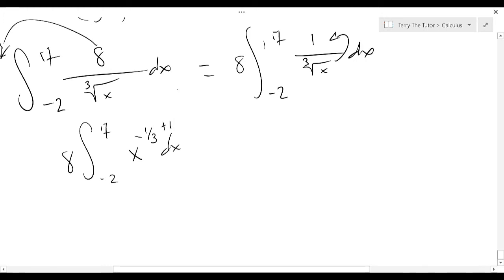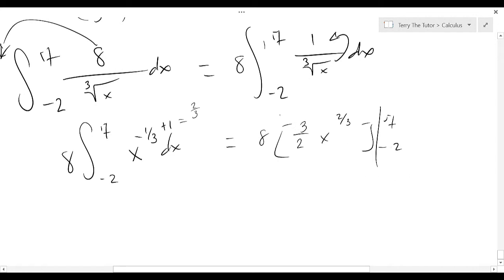Plus 1, well, that'll give me 2 over 3. And then I have to divide by 2 over 3. Well, that's the same as multiplying by 3 over 2. So I've got 8 on the outside, and I've got 3 over 2 times x to the power of 2 over 3. And that's going to be from negative 2 to 7.